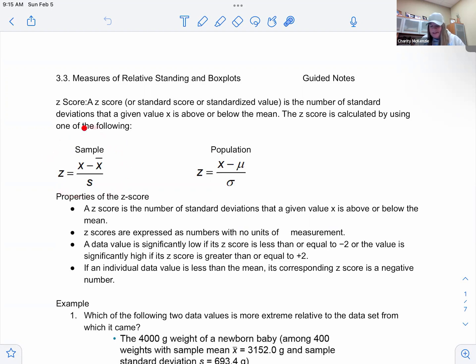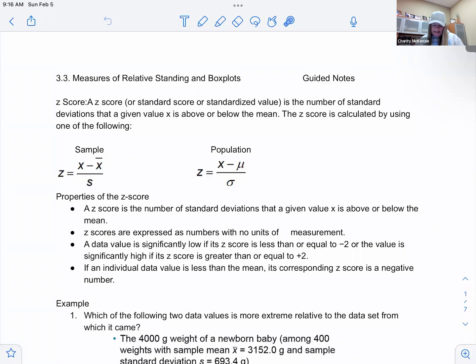Typically this is our world, because the likelihood of you getting the full population in your data set is pretty unlikely. So for a sample, this is the mean of our sample, and this is the standard deviation of our sample. So we need our data value, whoever it is, representing one person or one data value, plus the mean and standard deviation.